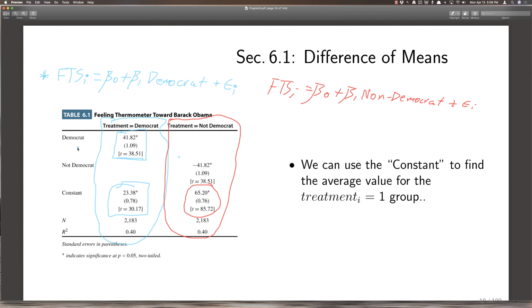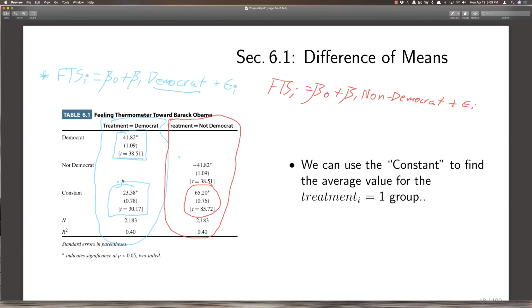But what is that? It's the same as it always was. Beta 1 hat is the effect of a 1 unit increase in the independent variable. What is a 1 unit increase in being Democrat? It means going from being non-Democrat to being a Democrat. All right? So beta 1 hat is the difference between non-Democrats and Democrats, and we can say it is very much statistically significant.